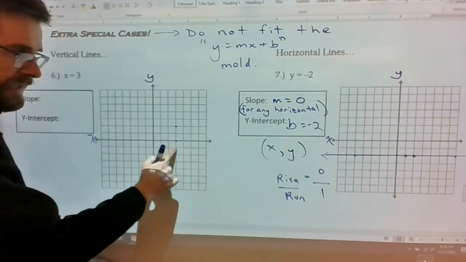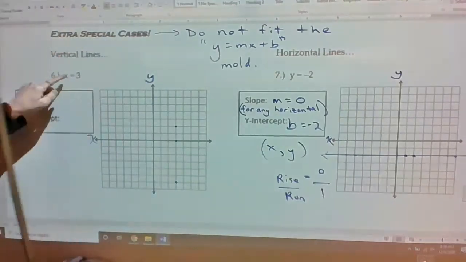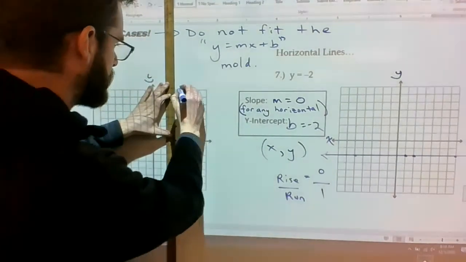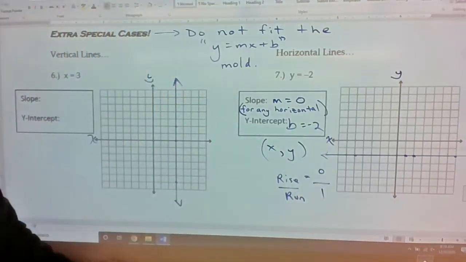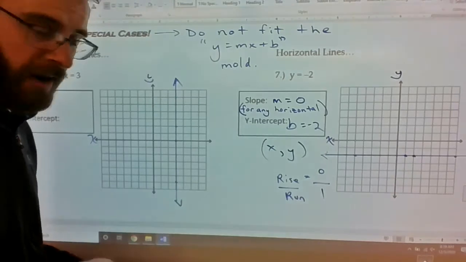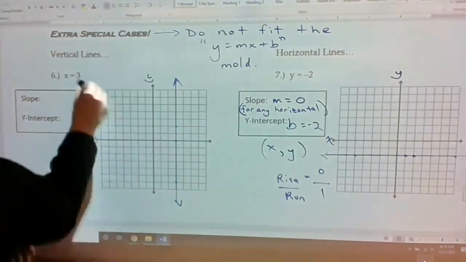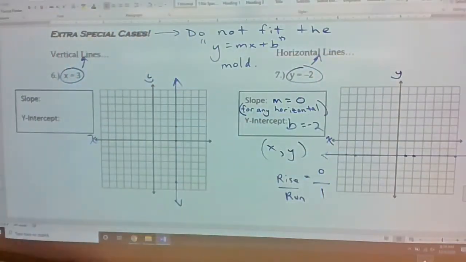These are all points in which x equals 3. So when you see x equals a constant, you have a vertical line. You might want to write that down in your notes somewhere. X equals a constant means it's a vertical line. These two are connected, just like these two are connected.